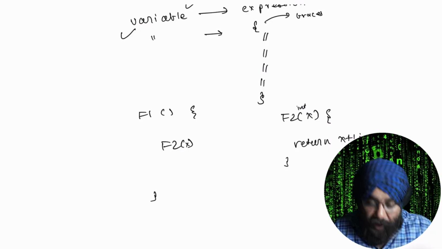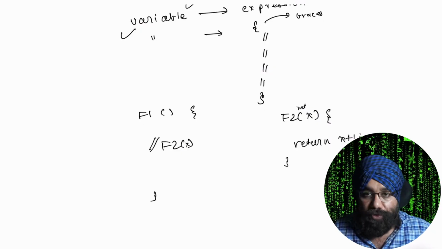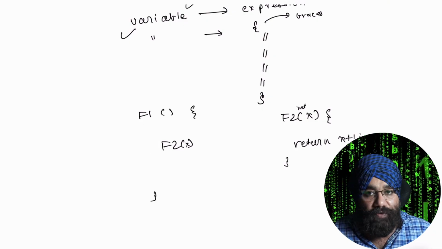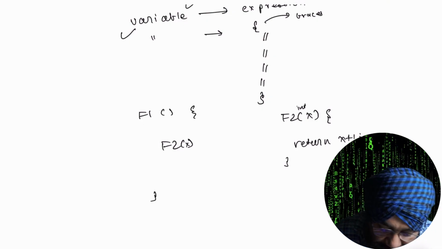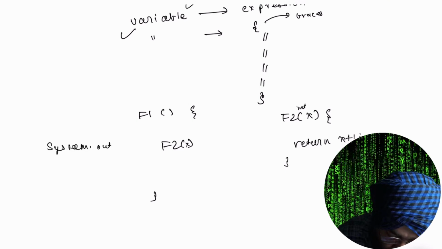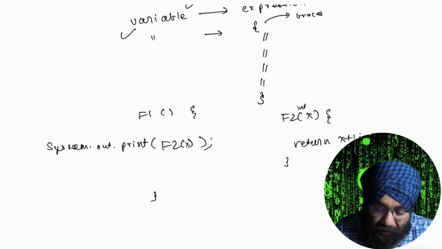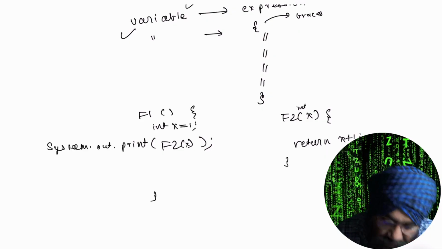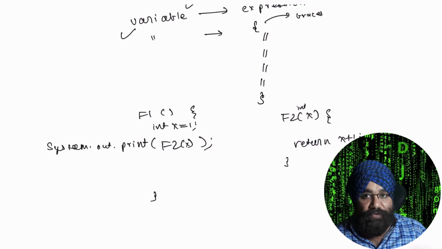Whatever you were getting in f2 you were printing, so you were doing System.out.print, passing an integer x equal to 1, calling f2 and printing the result of f2.